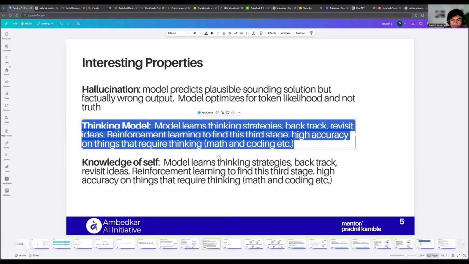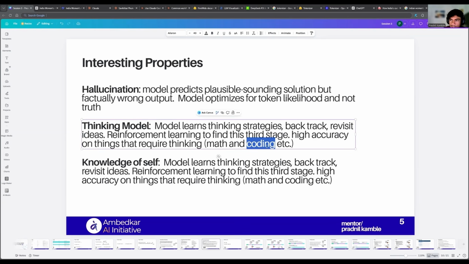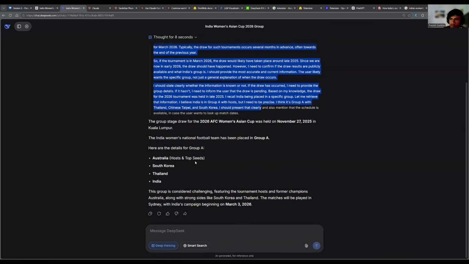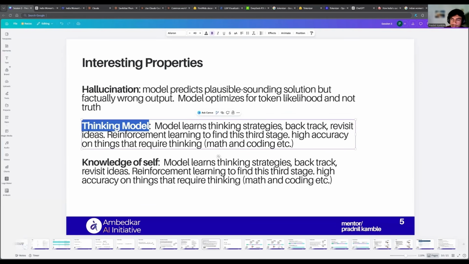And that's why whenever I want to solve a coding problem or a mathematical equation or some similar problems, I switch to a thinking model. Whenever I have math or code that I want to debug or solve, not always, but a lot of times I switch to a deep thinking mode so that I can solve that problem in a more scientific manner, where you break down the problem into small chunks and then flow through them.